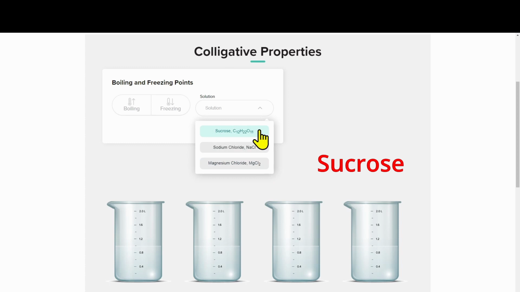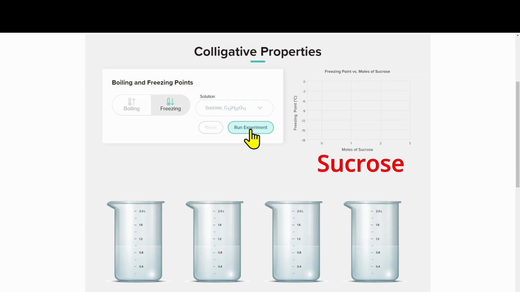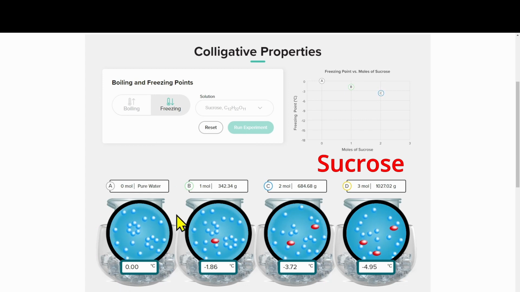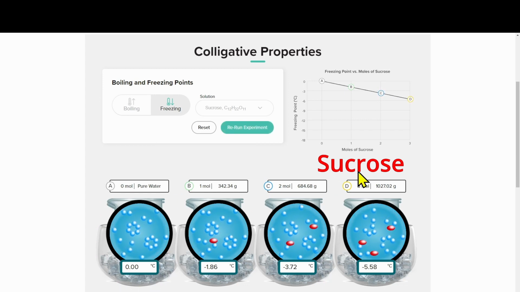Obviously, if we start with sucrose and we click on freezing temp and run the experiment, then we can see that in comparison to the control, which shows you just pure water, and the max 3 moles of sucrose in solution, there's a temperature drop of well over 5 degrees Celsius.